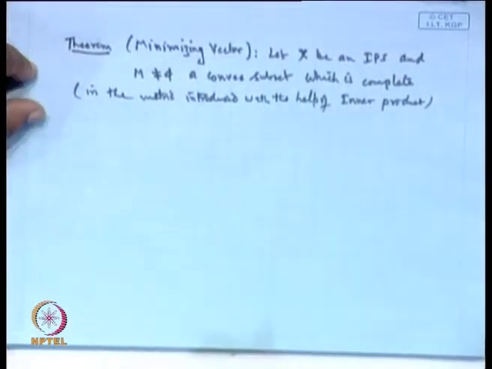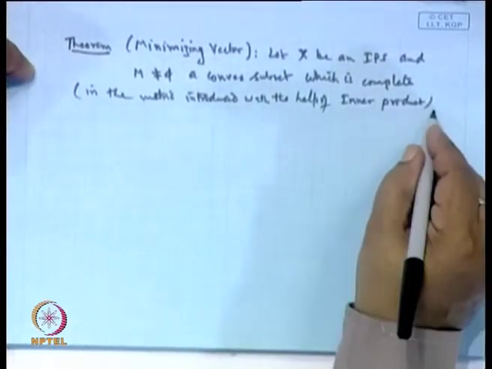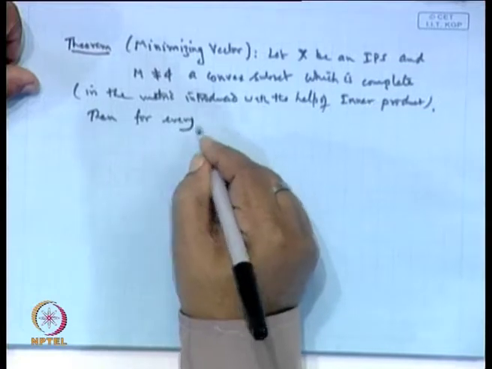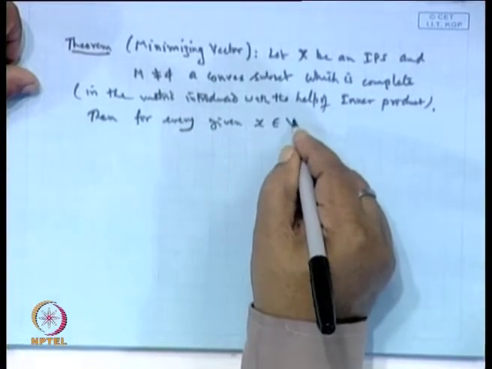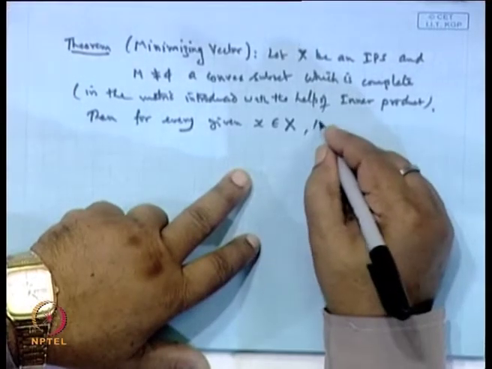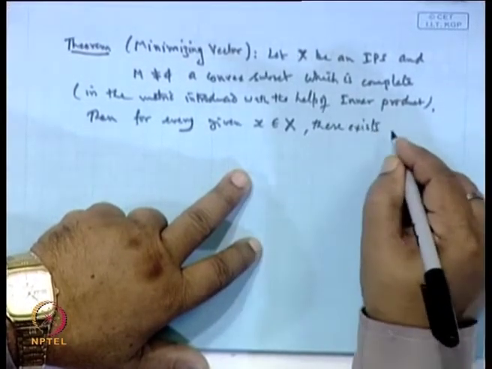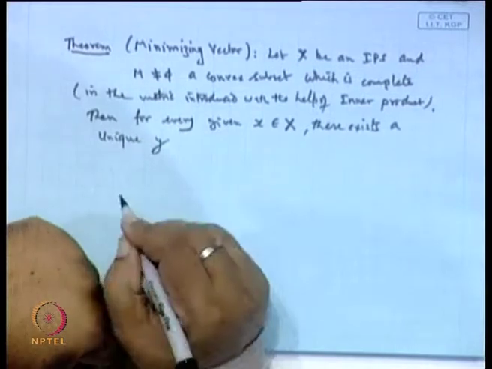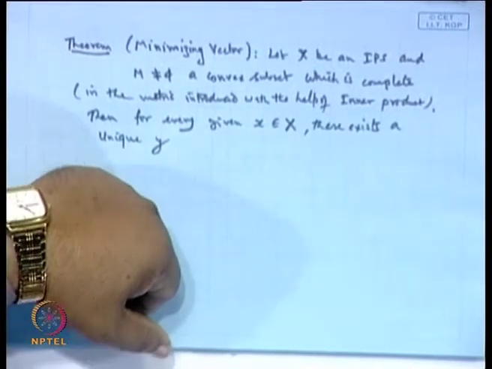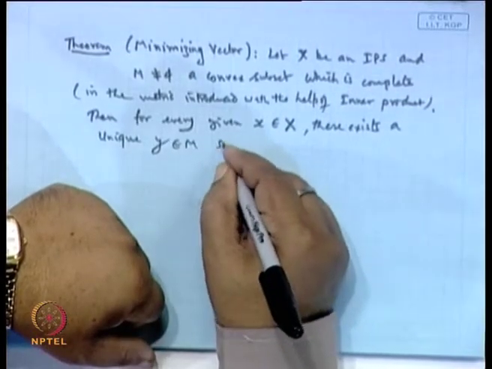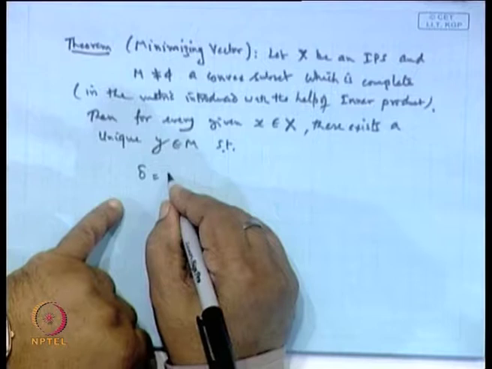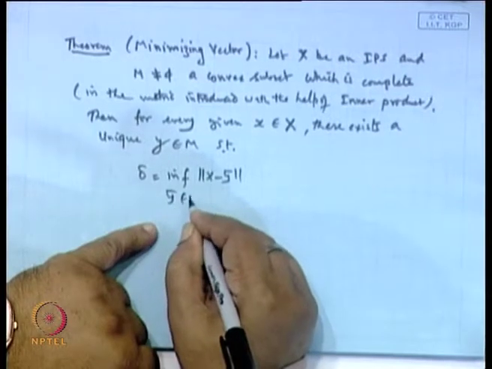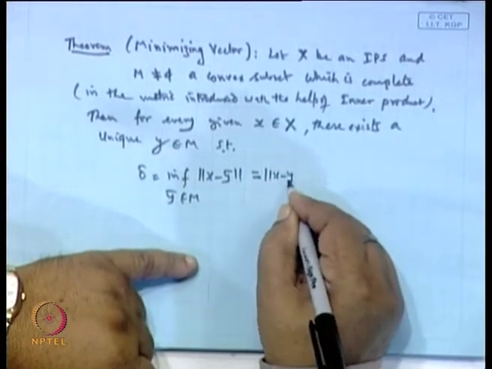With the help of the inner product, you introduce the metric, and then this result says that for every given x belonging to capital X, there exists a unique y belonging to capital M such that delta, which is the infimum of norm x minus y, y belonging to M, is equal to norm of x minus y.